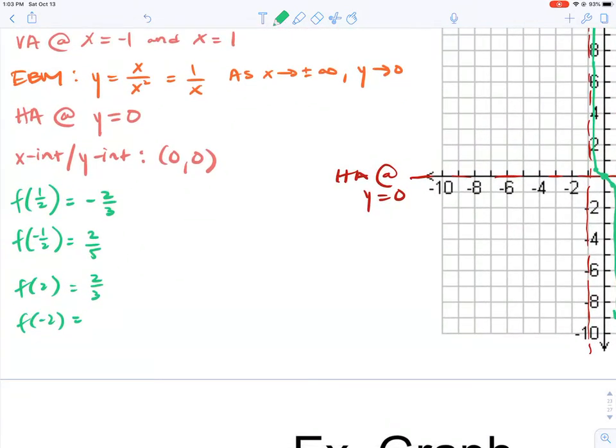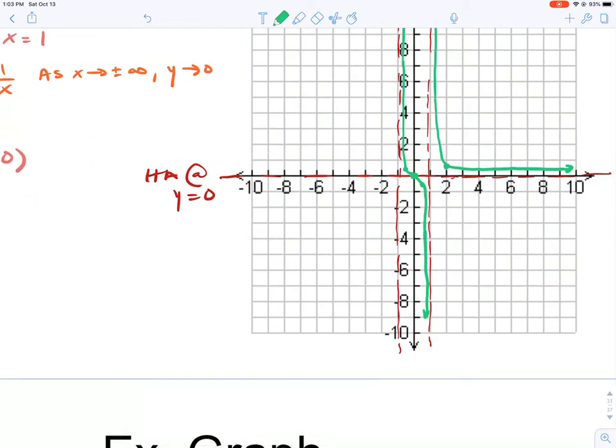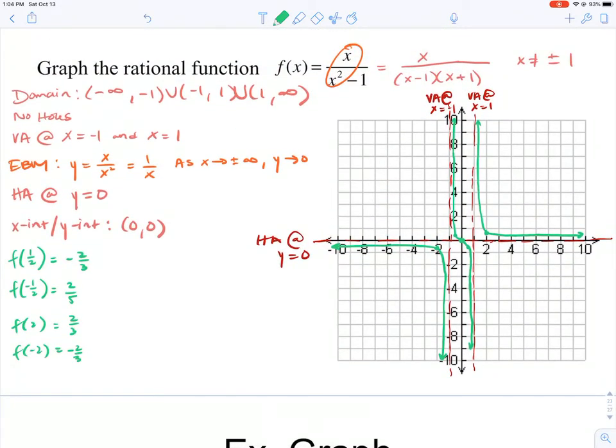And then for negative 2, remember these are just sketches. We're having to do test points to really get an idea. With calculus, you'll be able to get more accurate graphs. Okay, so then negative 2/3, right? So it'll be kind of like that. Let's confirm with Desmos. Let's see how close we were.